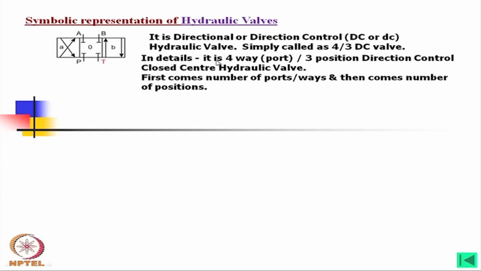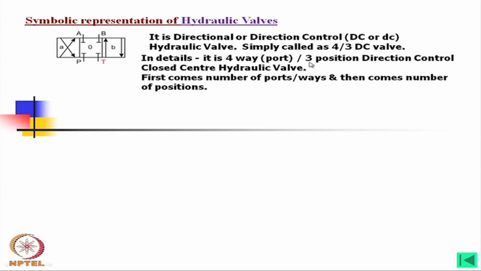Now in detail we should call it a 4 way 3 position direction control closed center hydraulic valve. What is closed center? If we look at that 0 position, which is called the neutral position, these 4 ports are closed.